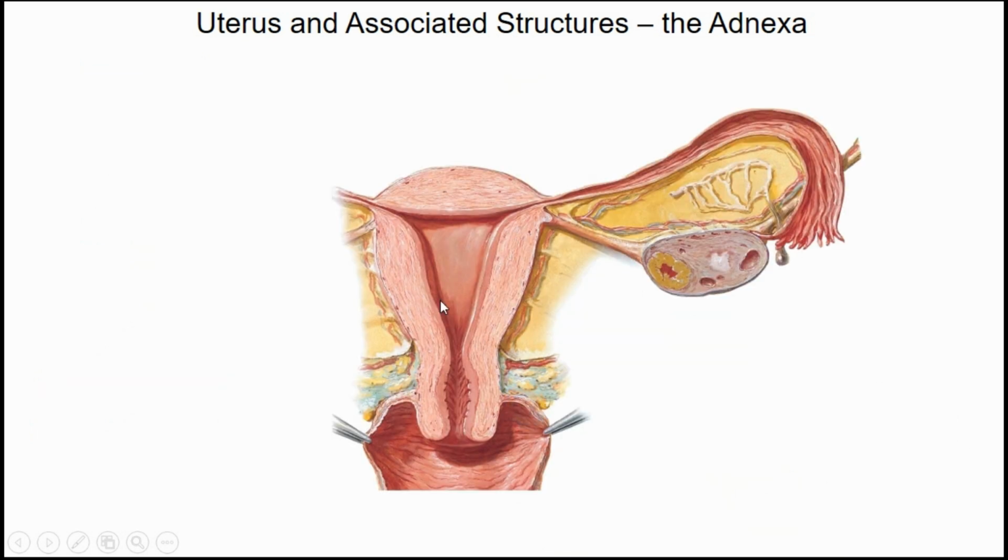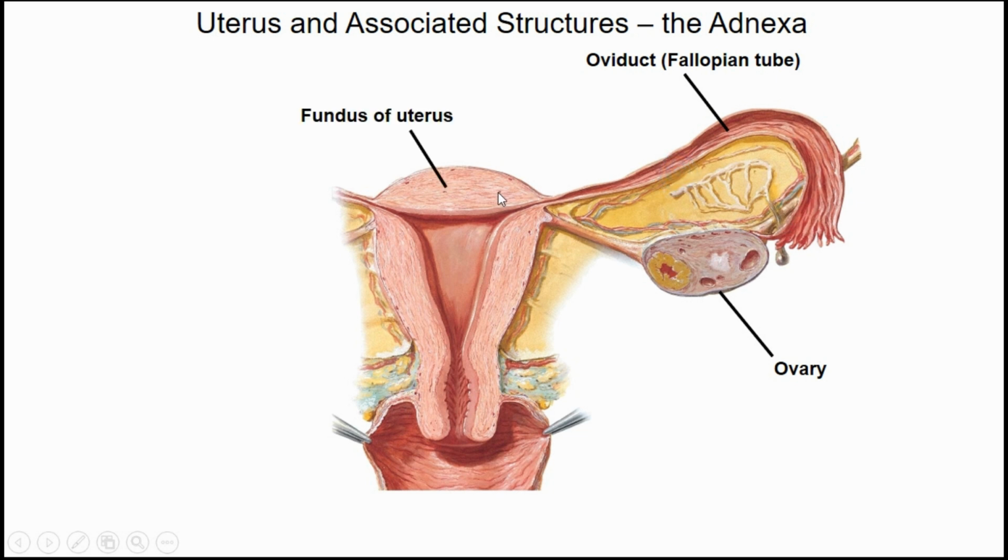So we'll now take a slightly different view of the adnexa in the uterus. So there's the ovary. It's connected to the uterus by that ovarian ligament, and it does not have a direct connection to the oviduct, although they're very close by. That leads to the uterus. We've got the fundus of the uterus, the dome that's sticking upward, and the rest of it is called the body of the uterus.